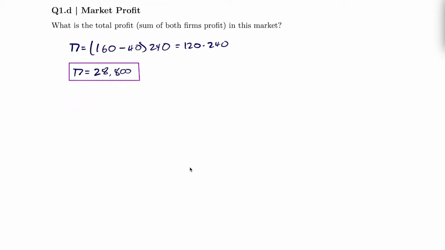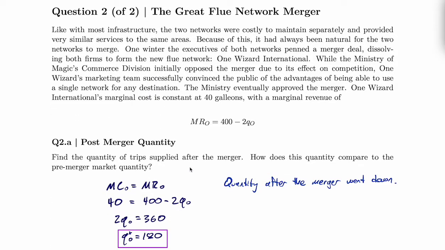All right. So that's question one. Question two: like with most infrastructure projects, like utilities and internet, for example, it's really costly to have two networks operating at the same time in the same spaces.